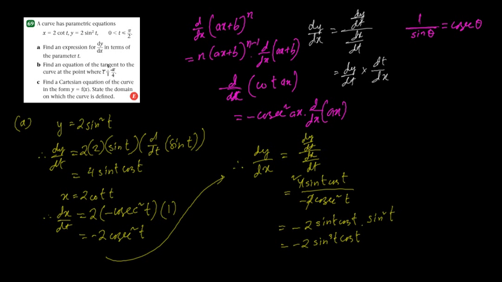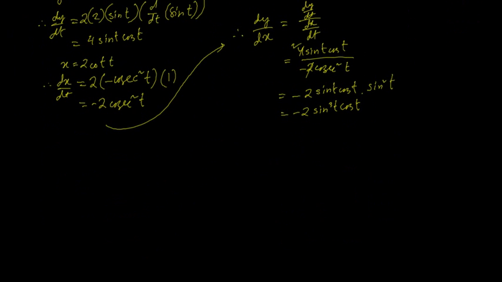Now we have to find the equation of the tangent to the curve at the point t equals pi by 4. Whenever we have to find the equation, we have to remember the rule from C1. By the C1 rule, the equation of a line, if you have a point x1, y1 and this is the gradient, is y minus y1 equals m times (x minus x1).